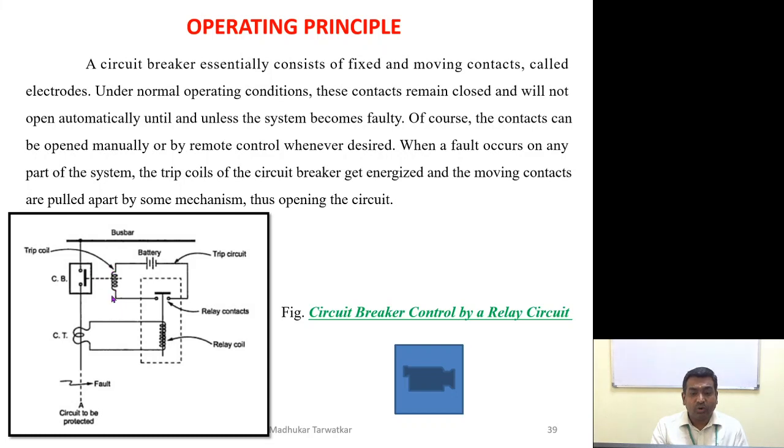Now this trip coil is getting energized and hence it pulls the plunger out of the circuit breaker contacts. So when this plunger comes out, the contacts of the circuit breaker open. Thus the faulty part of the system gets isolated or disconnected from the rest of the healthy system. This is how the operation of the circuit breaker takes place.